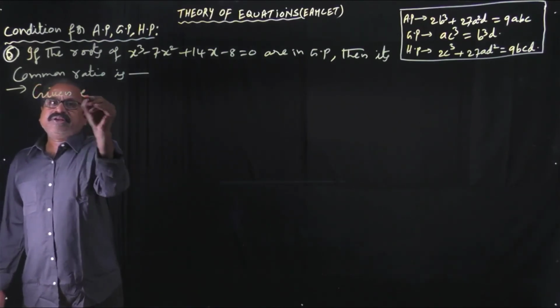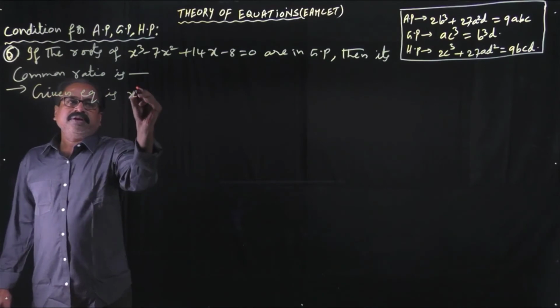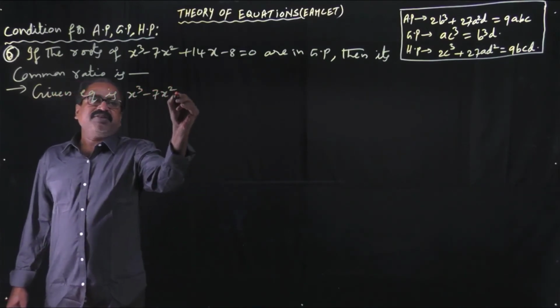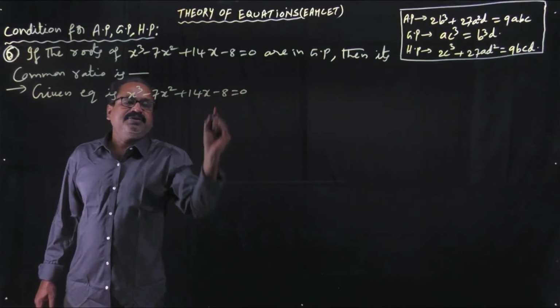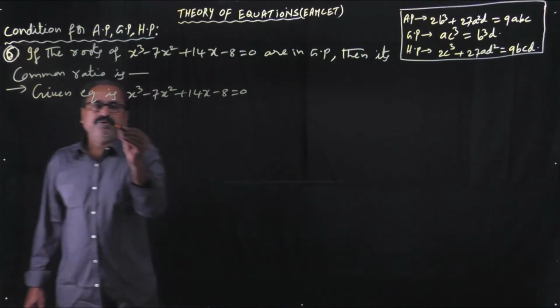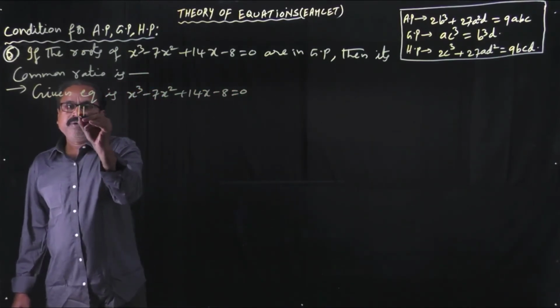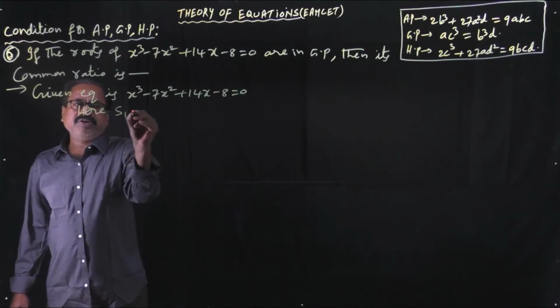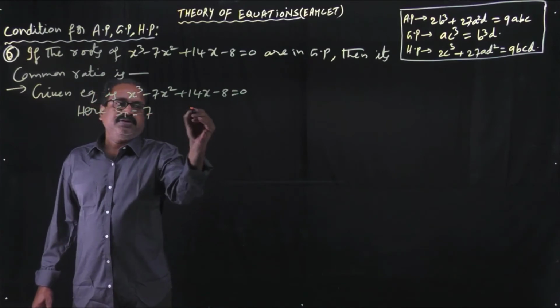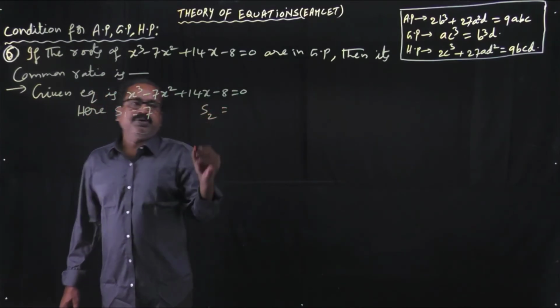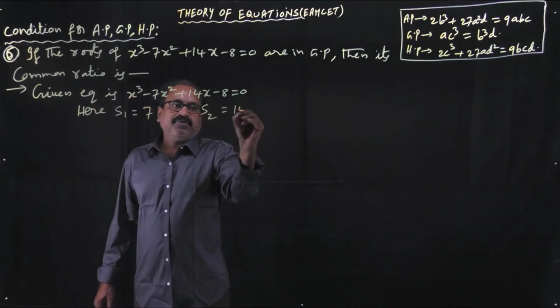So given equation is x cube minus 7x square plus 14x minus 8 is equal to 0. Here S1 is equal to minus A1 by A0, 7. S2 is equal to A2 by A0, 14.